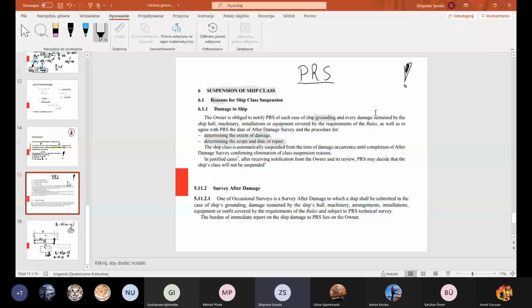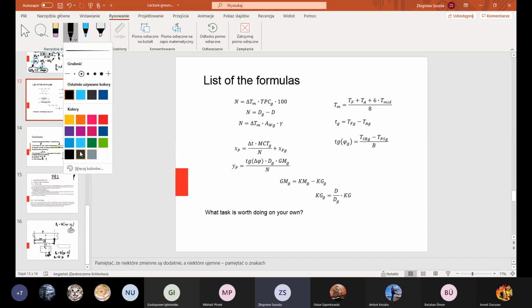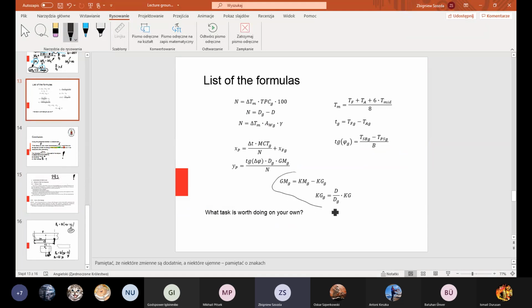We'll see. July probably. Okay, so the formula like that, calculation of initial metacentric height after grounding, yeah, shall be used for your task. If you want to read KMG from the hydrostatic table, you need mean draft after grounding.